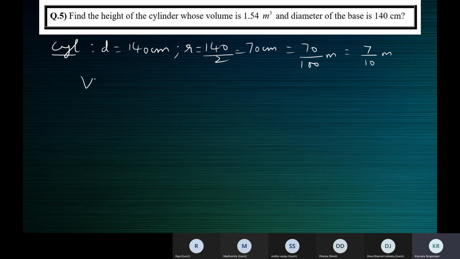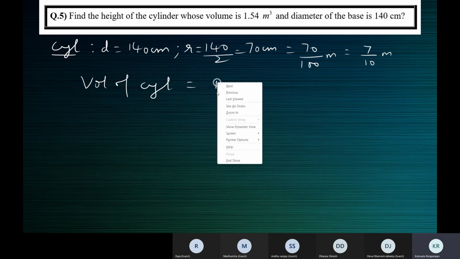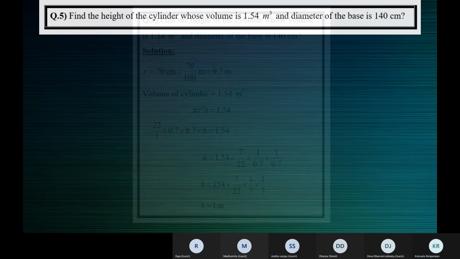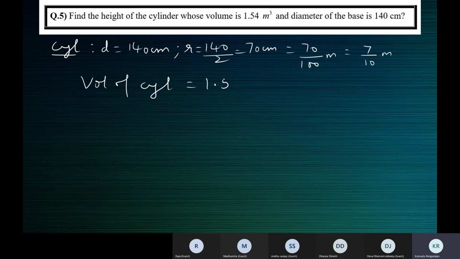So now volume of cylinder is equal to 1.54 meter cube. Pi r square h is equal to 1.54 meter cube. Okay, so you don't want to have it as a decimal. You can convert it to a fraction like this. Is this understood? We are not converting meter cube to centimeter cube or something.